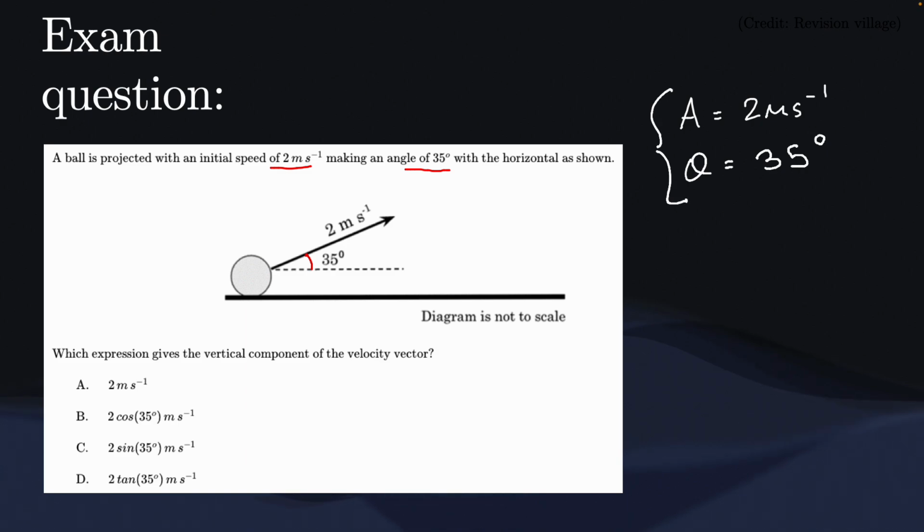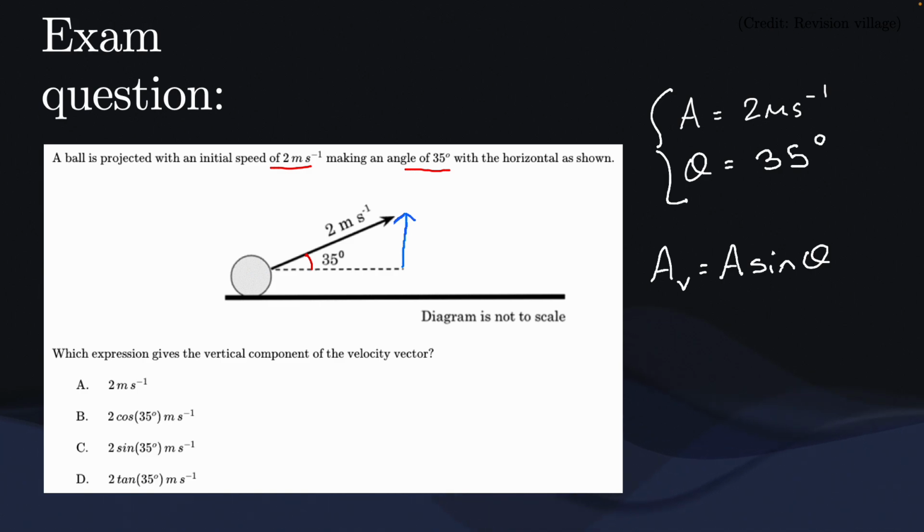Which expression gives the vertical component of the velocity vector? Well, if we're trying to find the vertical component, we're trying to find this right here. And we're given A and we're given theta, so therefore we just apply the formula from the previous slide, and remember that AV is equal to A sine theta.